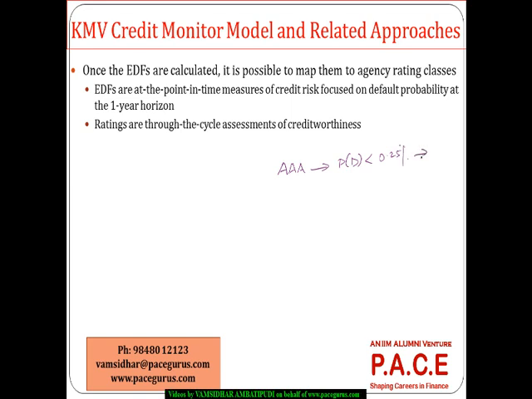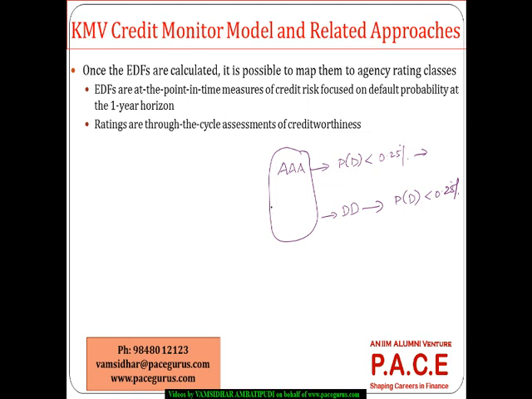So I can look at all the AAA companies, see what the distance to default is for them, and based on that I can very well say that the probability of default for them is less than 0.25%. Some such kind of mapping can very well be done in the real world.